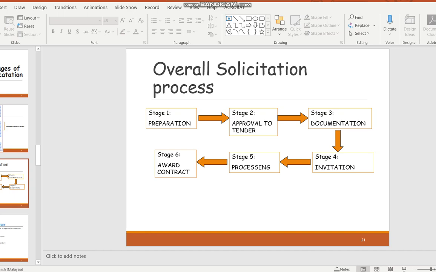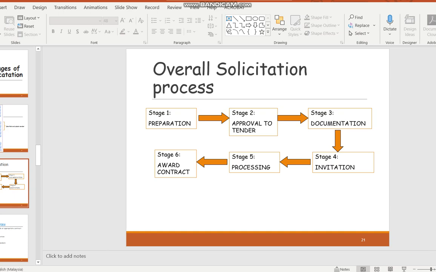In the approval, your client, the owner of the project, needs to give the stamp and say, okay, now the process is ready, we go for it. You prepare the documents, then they say go for it, and then you start to prepare the tender documentation.